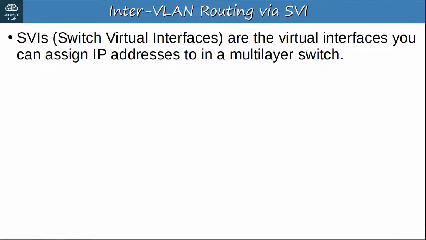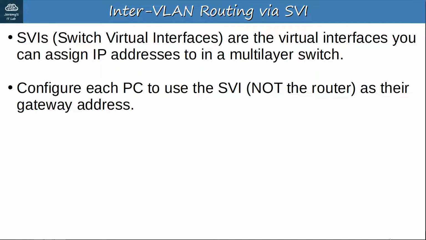SVIs, or switch virtual interfaces, are the virtual interfaces you can assign IP addresses to in a multi-layer switch. Configure each PC to use the SVI, not the router, as their gateway address. When using router on a stick, the router was used as the PC's gateway. This time we will use the switch's SVIs instead.